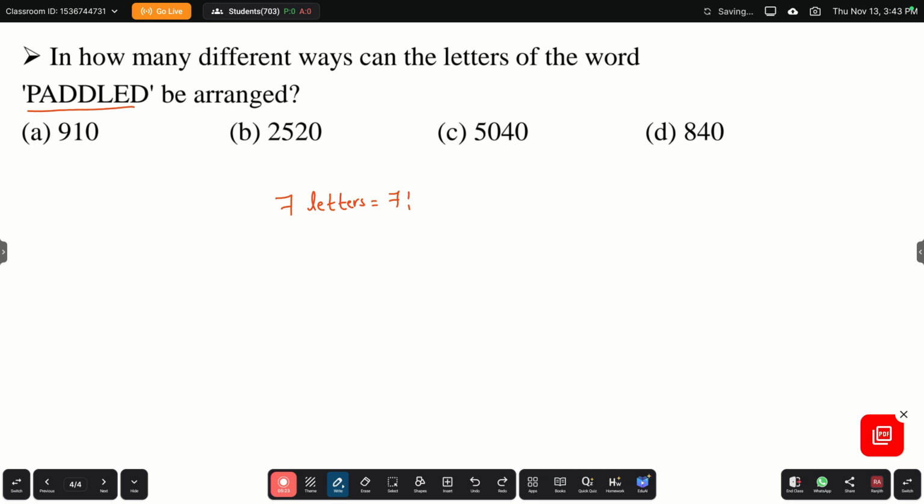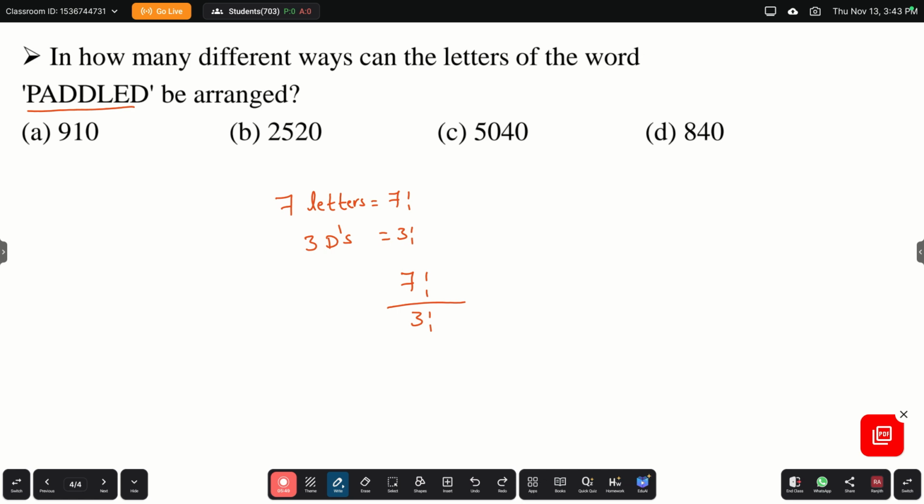Any common letters in the given word? In the sense, 3 D's. So 3 D's is arranged by 3 factorial. So the final answer is 7 factorial divided by 3 factorial. Answer should be a 7 multiplication by the options. All options are 7 multiplications.